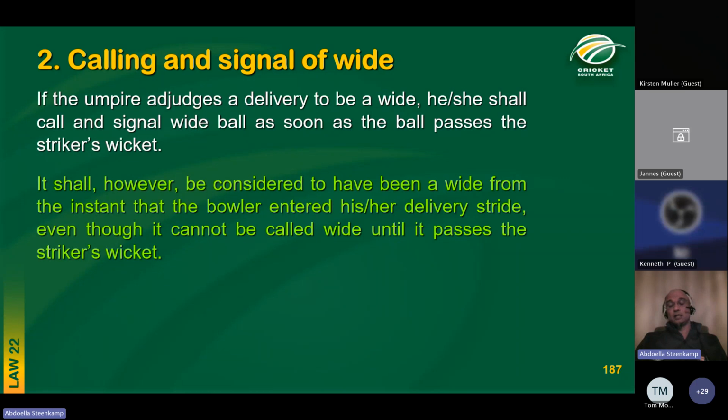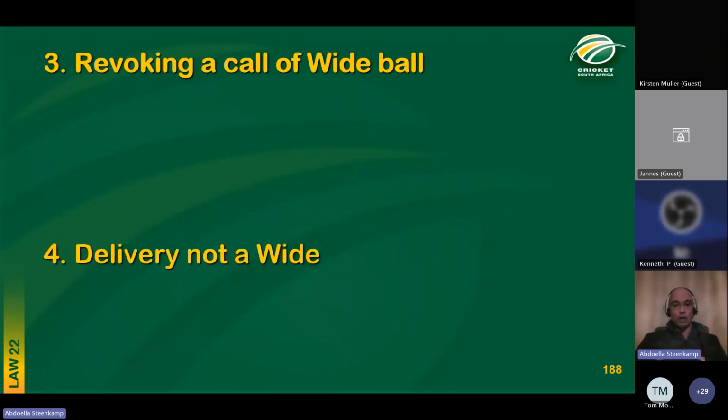When does the bowler enter his or her delivery stride? When the back foot lands. So when it comes to the definition of when a wide ball is actually from, it's from the instant that the bowler entered his or her delivery stride. But even though the law says that, wait until it passes the striker's wicket, then you call wide.